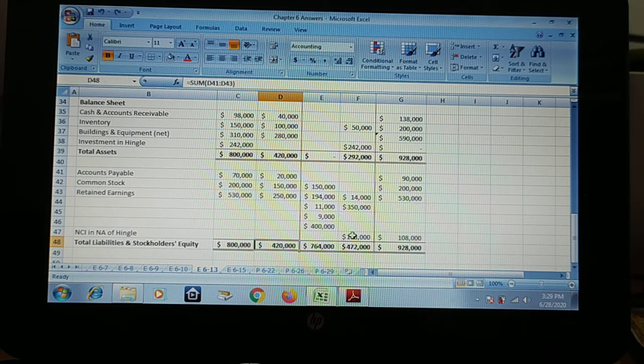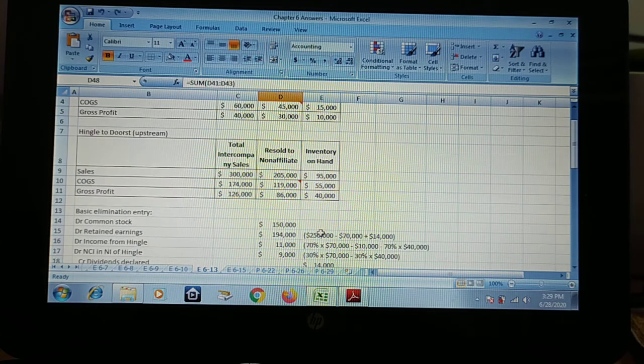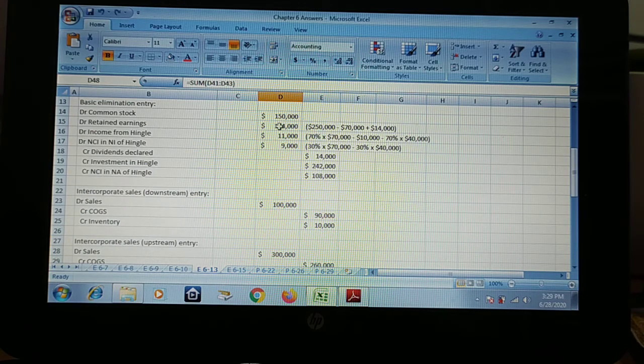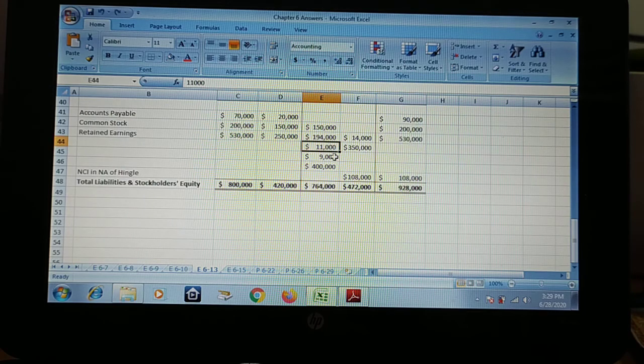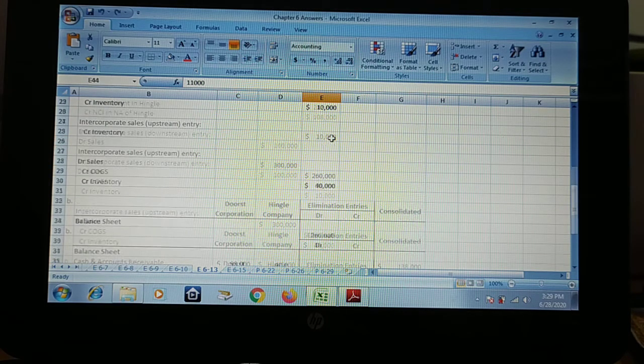But for retained earnings, please pay attention, because we didn't do the income statement and statement of retained earnings part. So all of the entries from the income statement and statement of retained earnings part will be directly moved to retained earnings. So you just follow the debit credit.